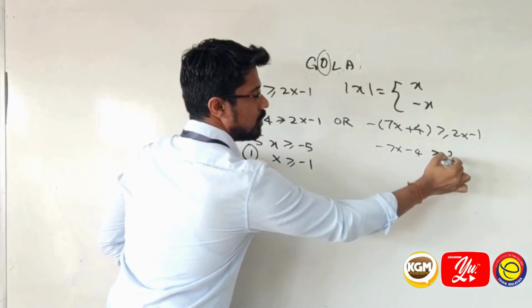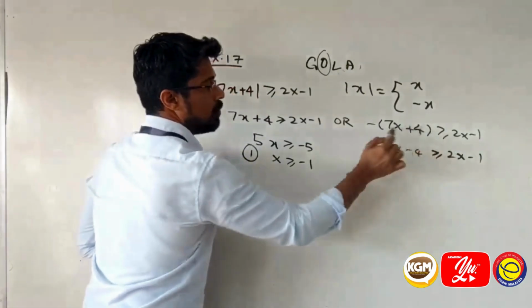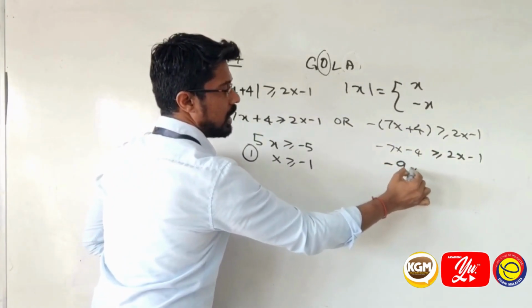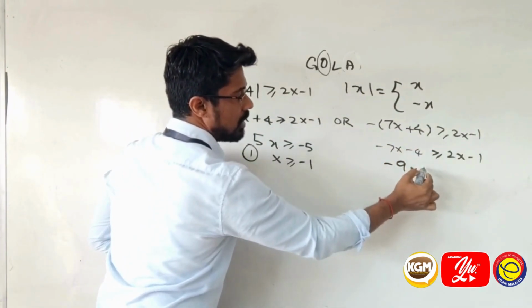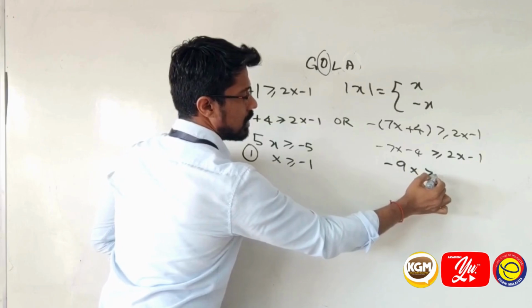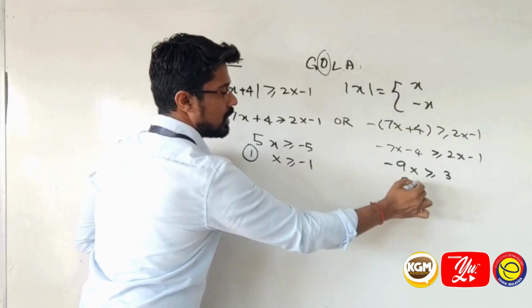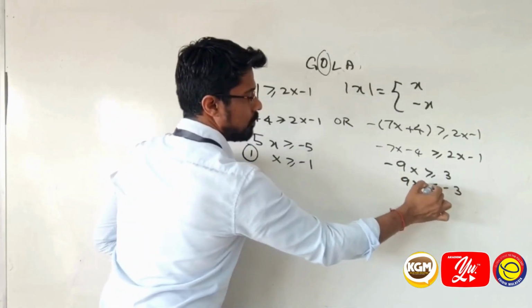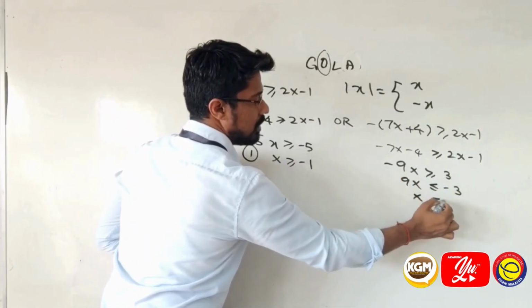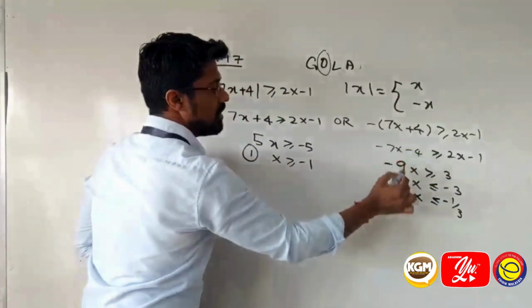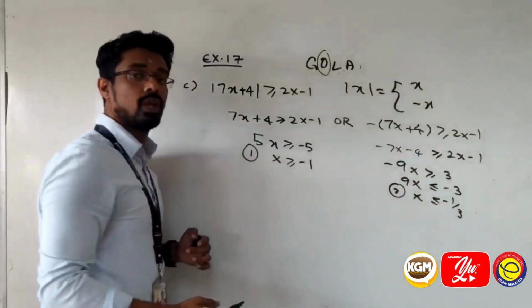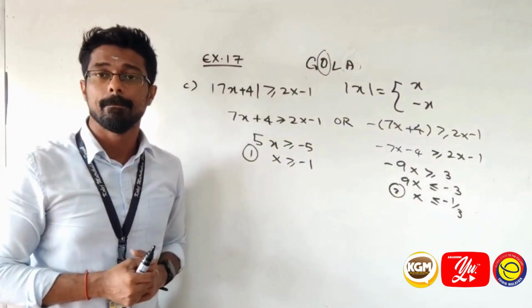So this one greater than equal to x minus 1. So I bring the x this side, negative 9x. This guy I go the other side, become plus, so greater than equal to 3. I don't want the negative, so I multiply by negative 1. So this is what I get, x is less than equal to negative 1 over 3. Question 2, solution 2. Hope you are clear up until there.